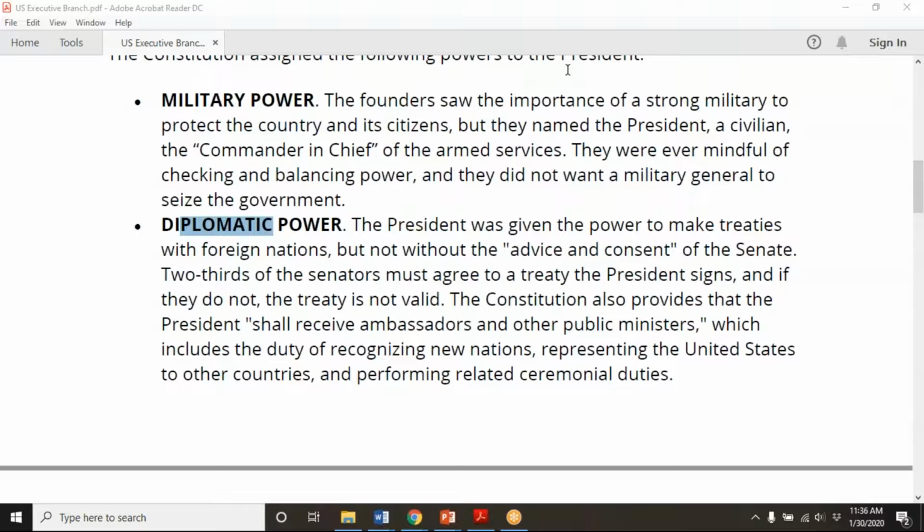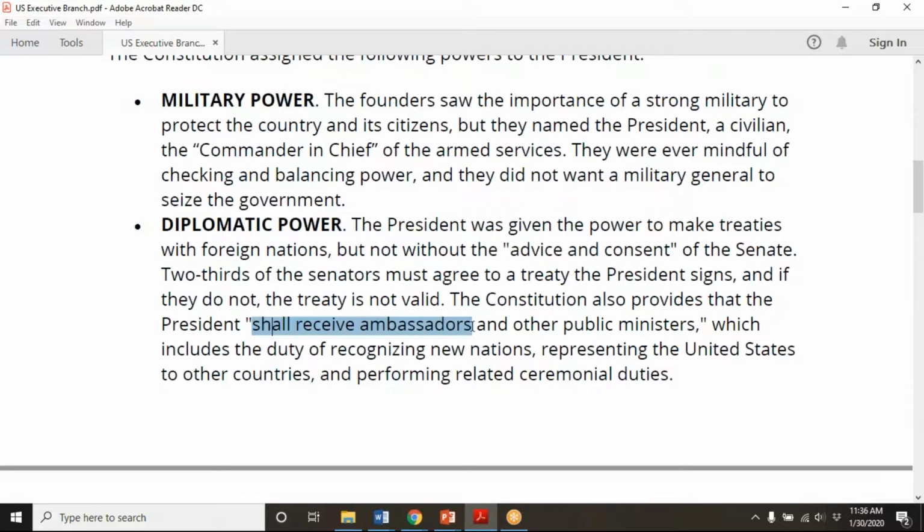Most countries on earth would love to have a good, friendly relationship with the United States of America. So as the face of America, that's one thing the president can do. But there are checks and balances with the Senate, one of the two houses of Congress. He can sign treaties, but two-thirds of the Senate has to agree to it.